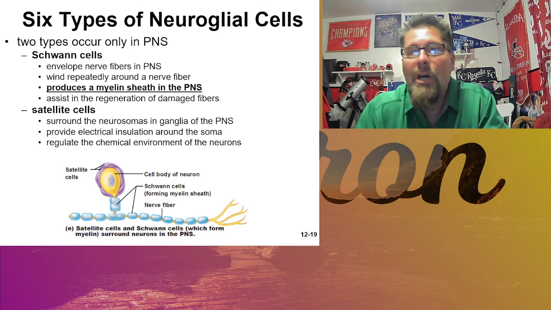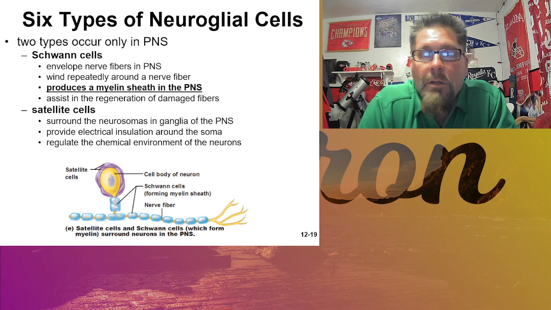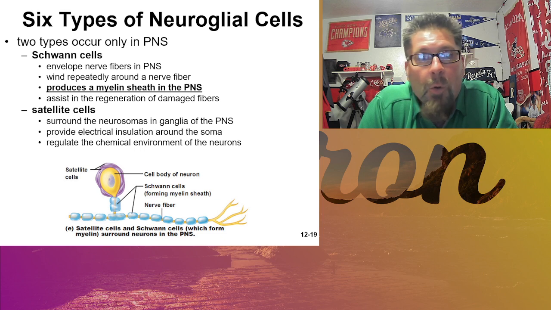All right, now for the second group, of the 6 types, remember 4 were in the CNS, 2 in the PNS. The 2 that are in the PNS are the Schwann cells.